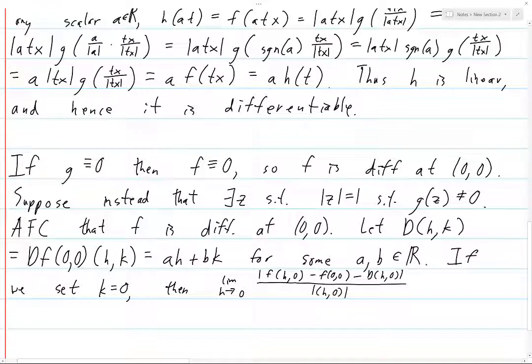So anyways, what we get here is the limit as h goes to 0. Now, the norm of (h,0) is the same as the norm of h, so we just have 1 over the norm of h on the bottom, and on the top we have f of (h,0), which becomes the norm of h times g of (h,0) over the norm of h, and we subtract f of (0,0), which is just 0, and we subtract d of (h,0), which is ah plus bk.